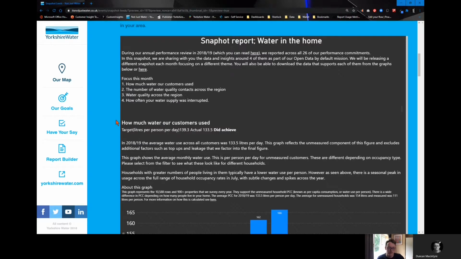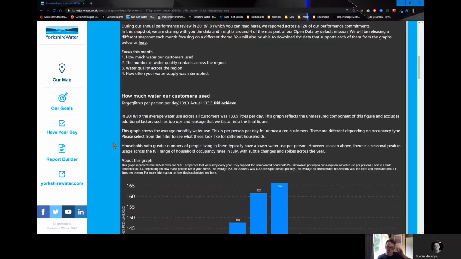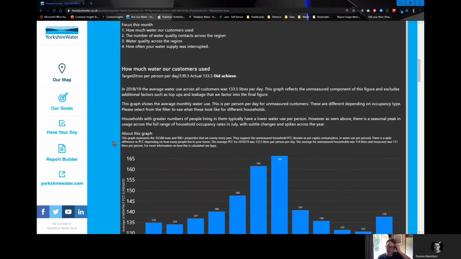Obviously, now we've moved into AMP7, which for some customers who don't necessarily know what that is, is our 2020 to 2025 reporting period. And what you can see within this is not just how much water has been used, but also how that looks across a full year.